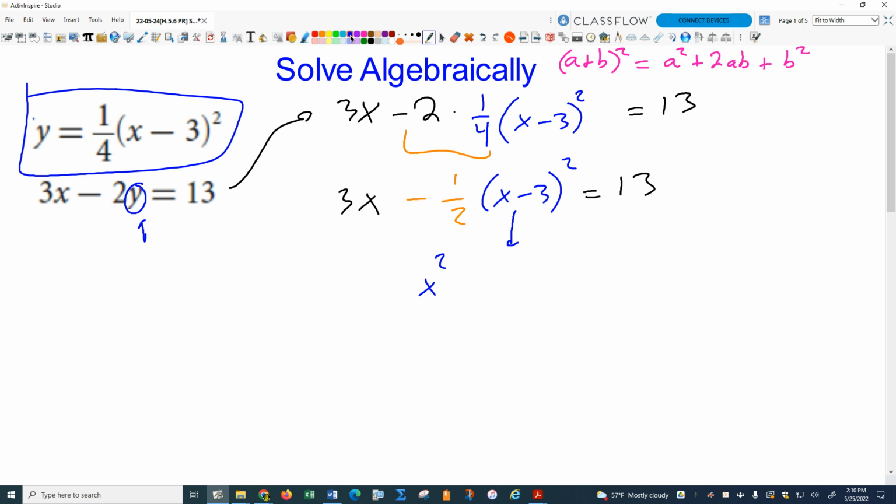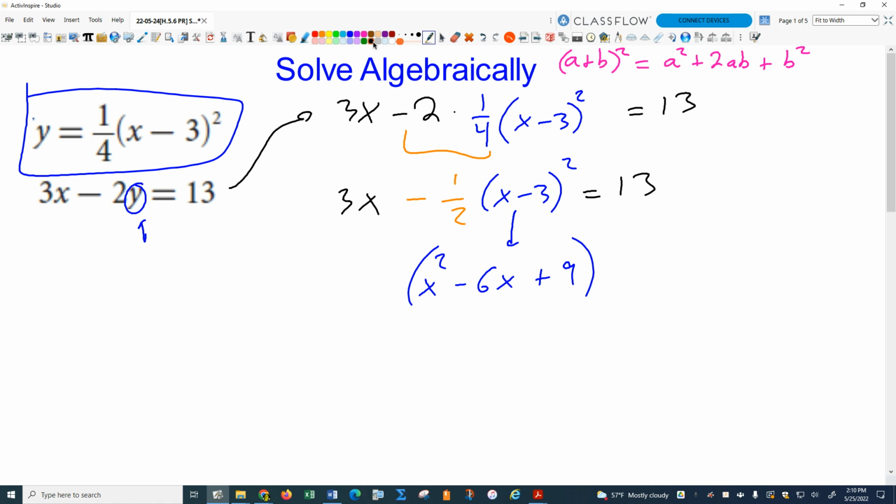Two times x times negative 3. What's that? Negative 6x. Does that make sense? Okay. So minus 6x and then plus b squared. Negative 3 squared is just 9, isn't it? So plus 9. Okay, so all that blue stuff gets expanded to that trinomial, right?